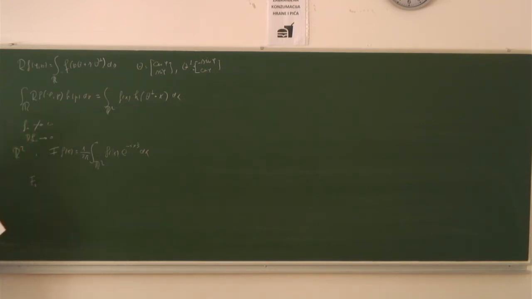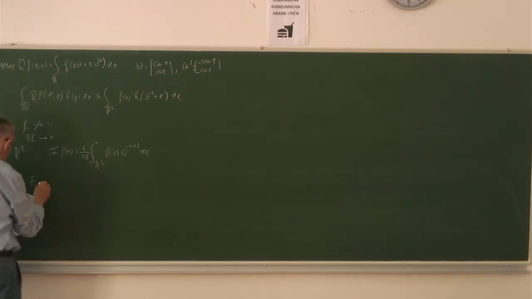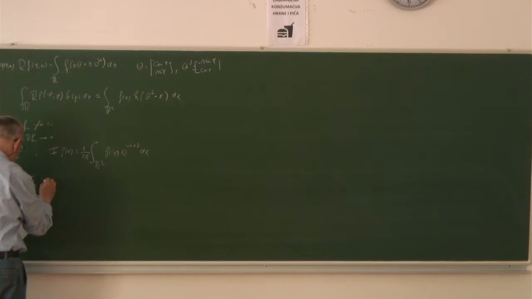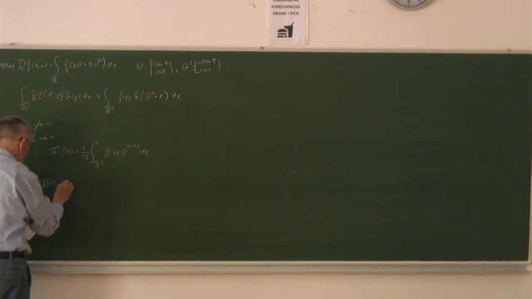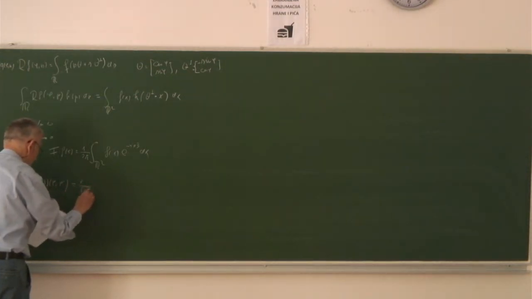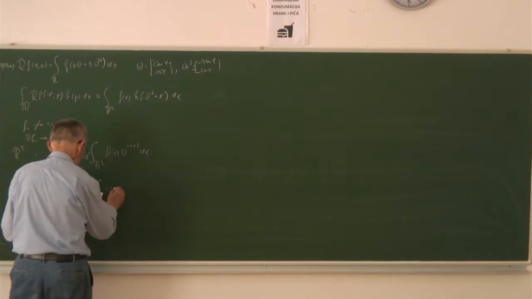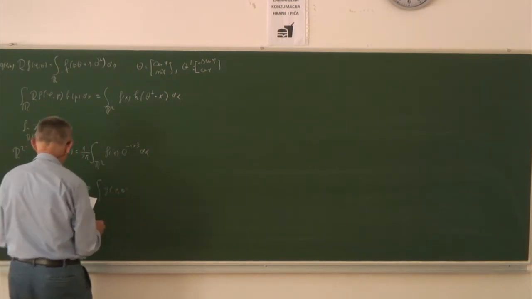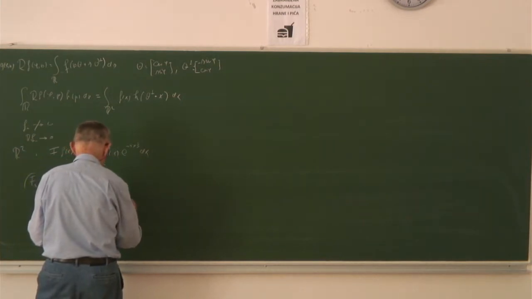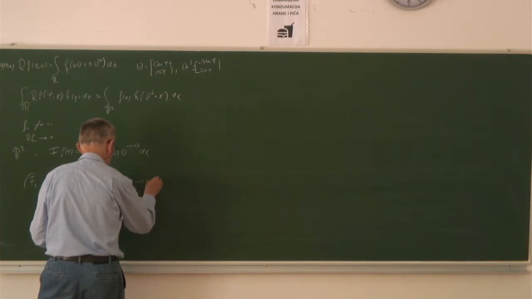We will use it on a special class of functions g(phi, p). So F1 of g taken at the place (phi, p prime) is equal to 1 over square root of 2 pi times the integral of g(phi, p) e to the minus i p p prime dp.